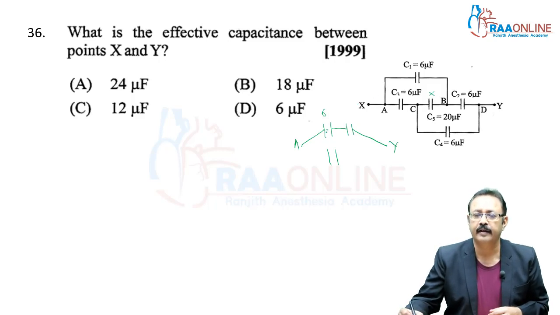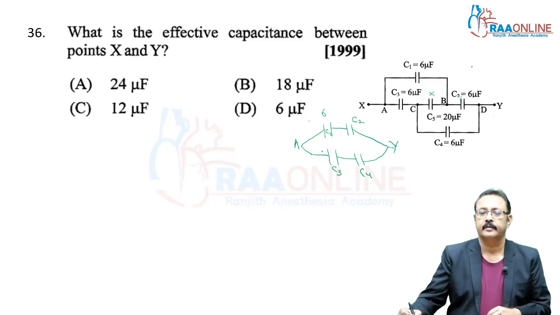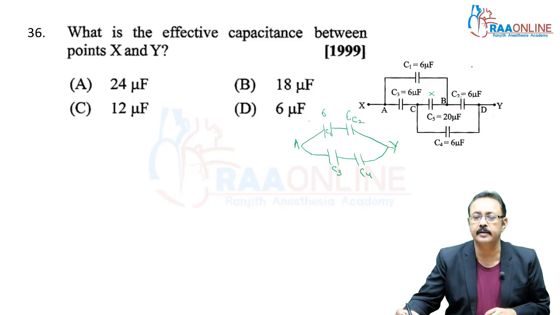After C1, it will pass through C2, and one current will go through C3 and after that through C4 and then move towards Y. So these two are in series, these two are in series.